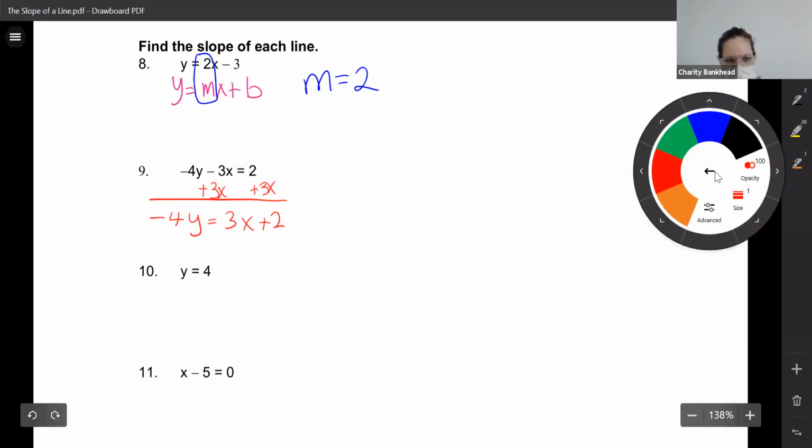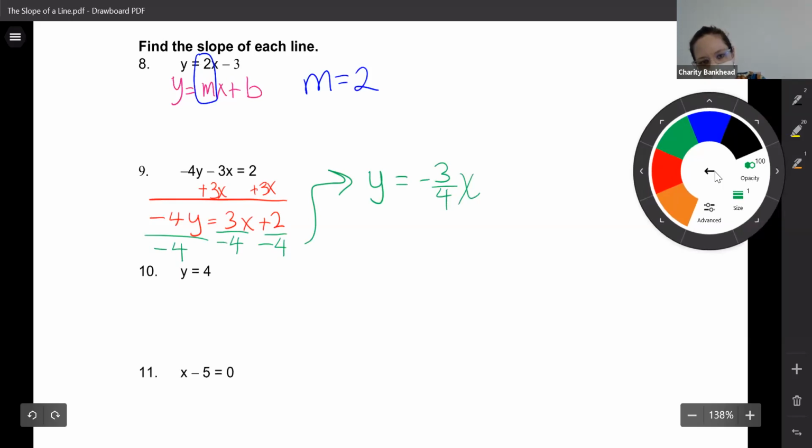And then we have to divide everything by -4. So just divide each term by -4. So that makes it y equals -3/4 x minus 1/2. And then we can see that m is equal to -3/4.